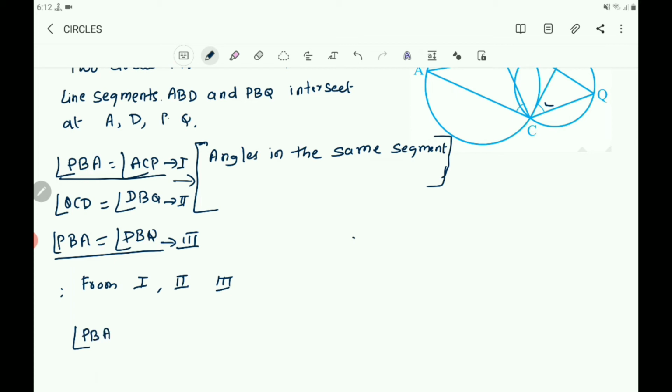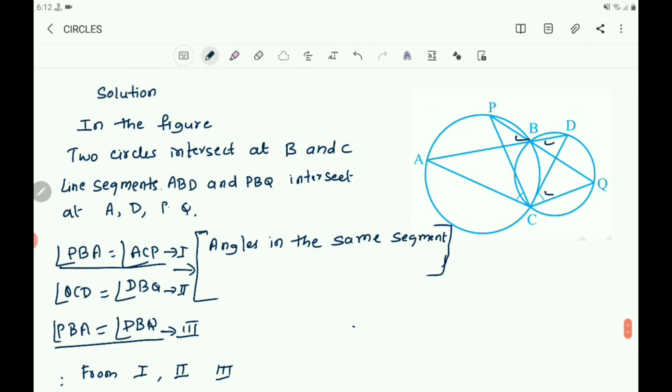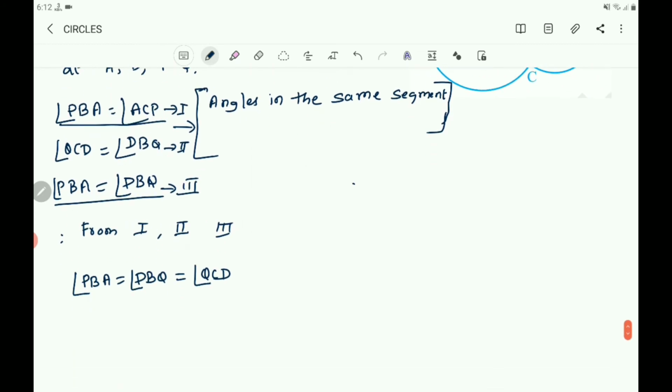You start from ACP: angle ACP equals angle PBA, PBA is equal to angle DBQ, DBQ is equal to what?